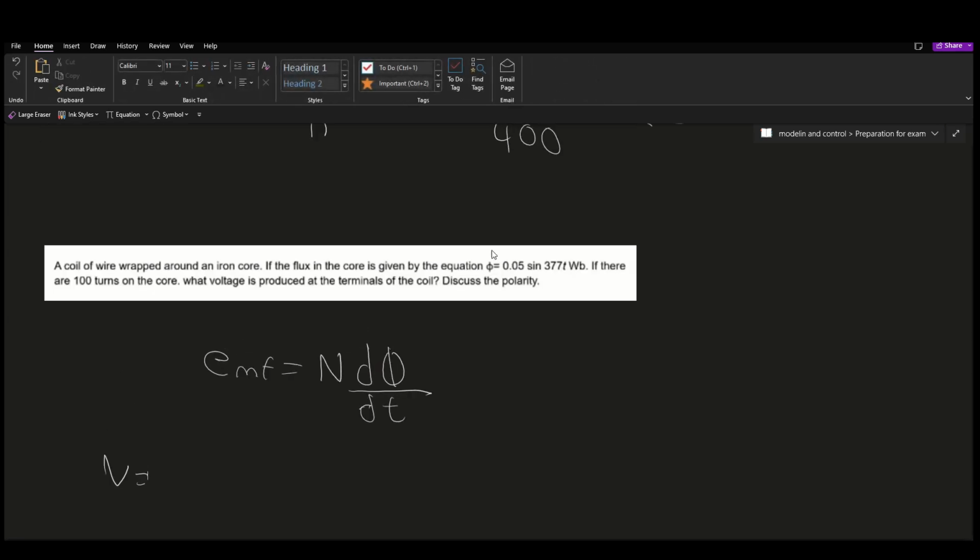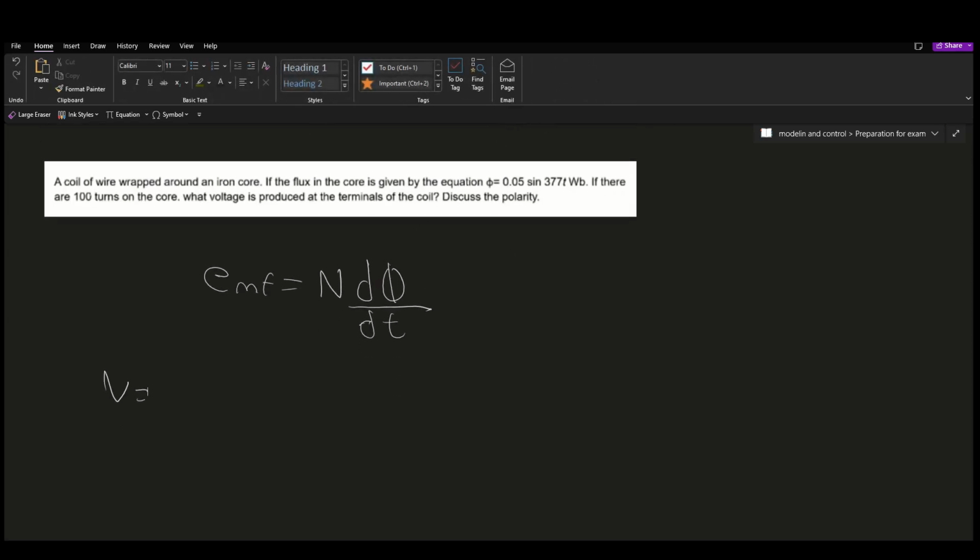It's going to be equal to the number of turns, in this case 100, times the derivative of the flux, and the flux they are giving us is 0.05 sine of 377t, and this is with respect to time.